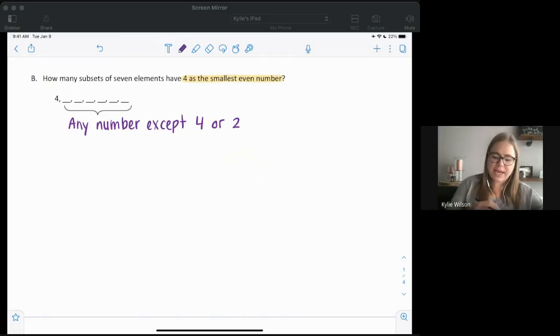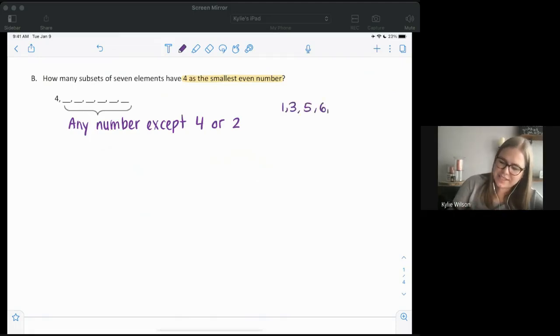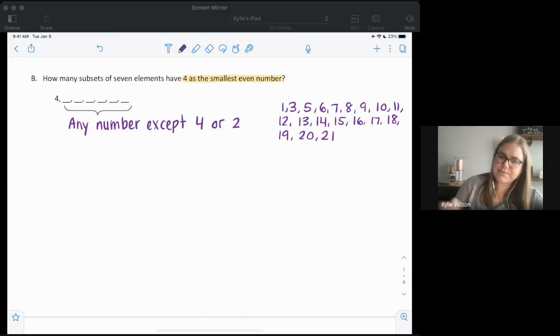And then we can't have 4 here because we've already accounted for it right here. So we can't include it twice. So now in here, this could be 1, 2, oops, not 2, 3, 5, 6, 7, 8, 9, 10, 11, 12, 13, 14, 15, 16, 17, 18, 19, 20, 21.